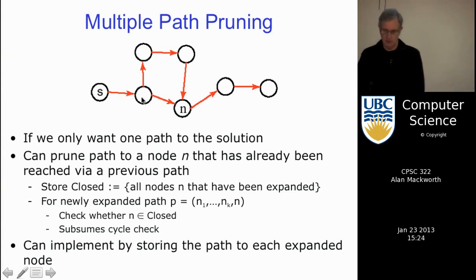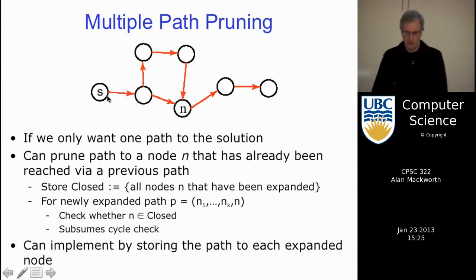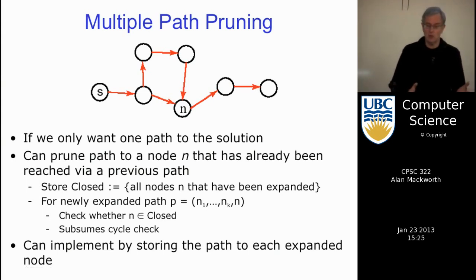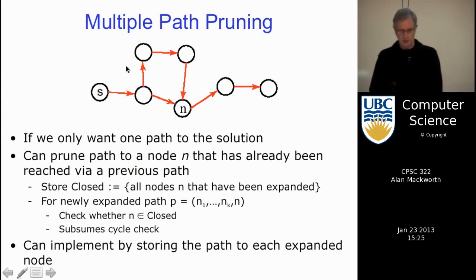So here's an example where there are 2 ways to get to n from S. You could go this way or you could go this way. And we don't know which is the best, right? And in fact, in A star, it's not always the case that the shortest path will be found first on this route. That's a subtlety that the book goes into in more detail, but it's important to know that.